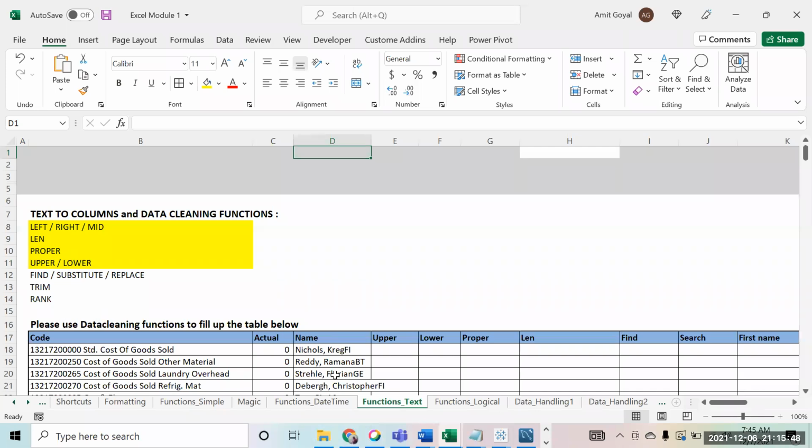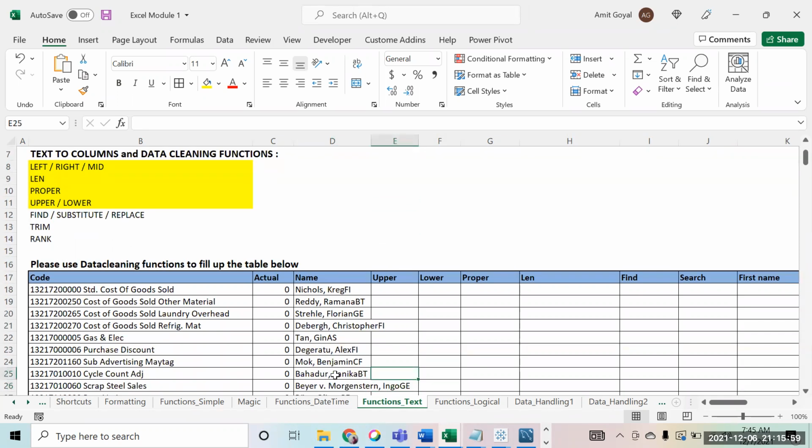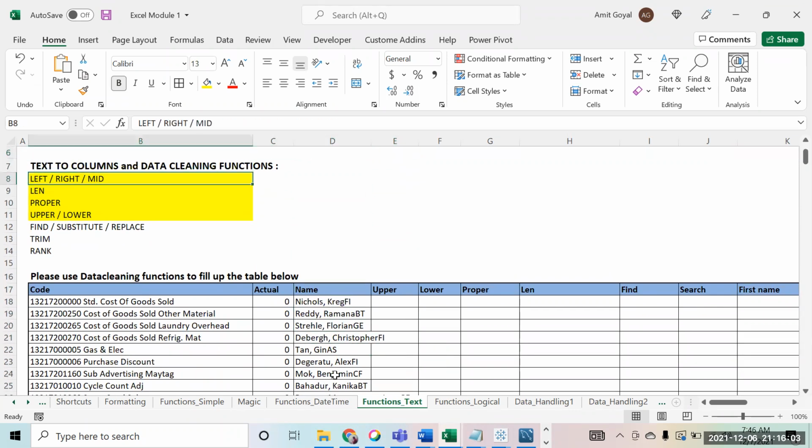Here things start moving towards higher complexity, or rather, we'll have to start thinking analytically. The functions we will discuss are left, right, mid, length, proper, upper, lower. Sometimes we have to use multiple formulas together to get the desired output, like we do with mathematical formulas.